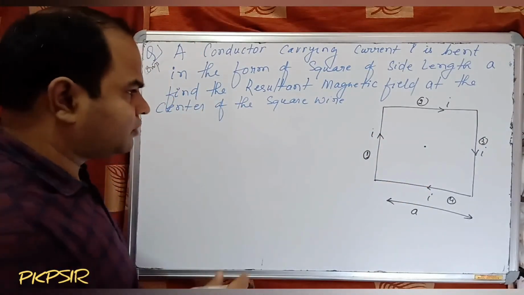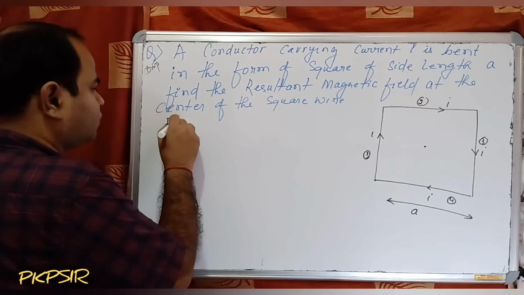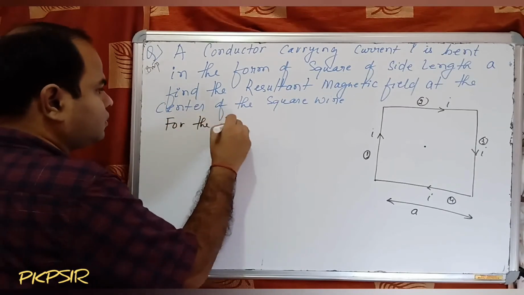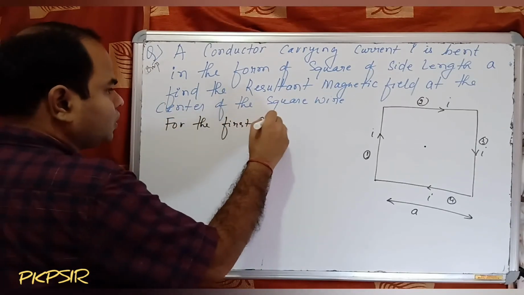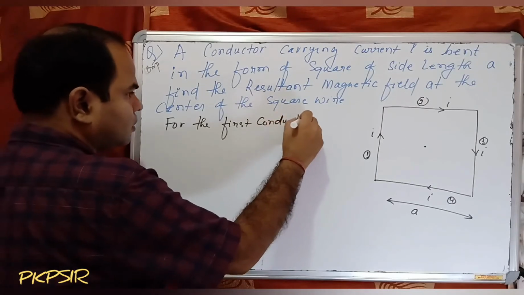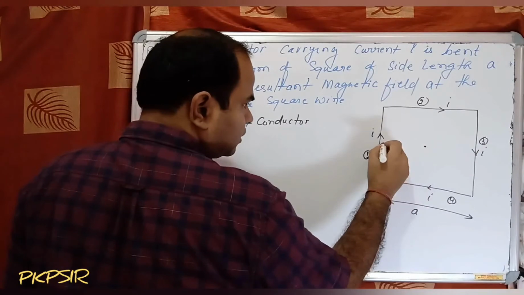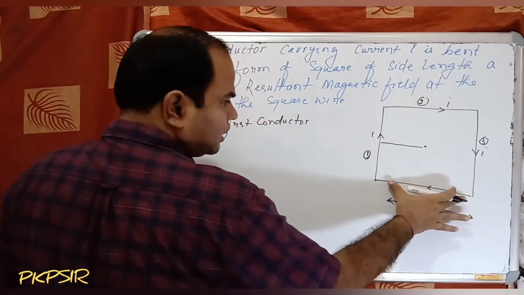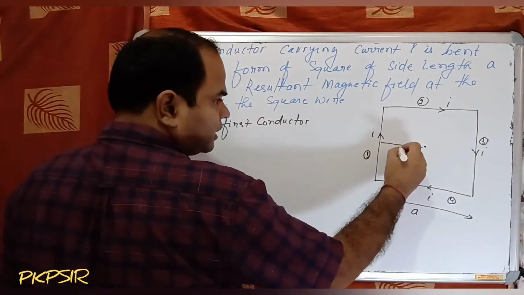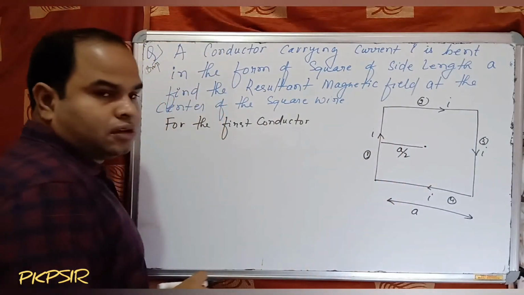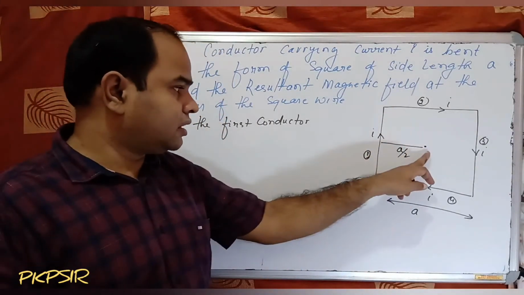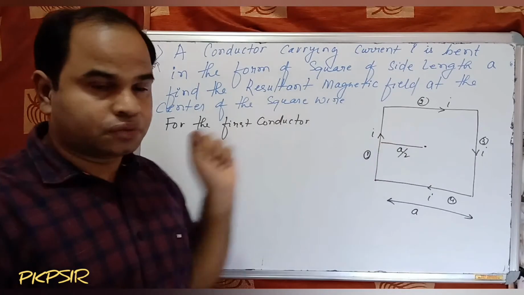So let us take the first conductor. Total length is A, so from the center, the distance to the first conductor is half, that is A by 2.